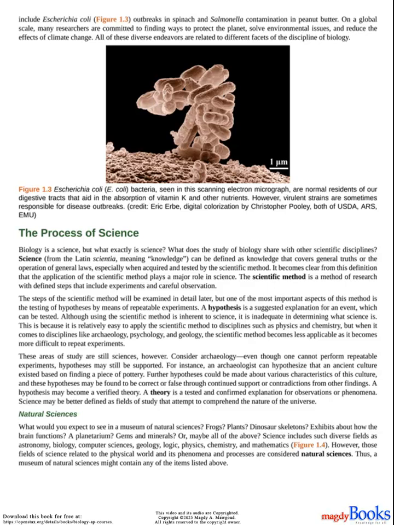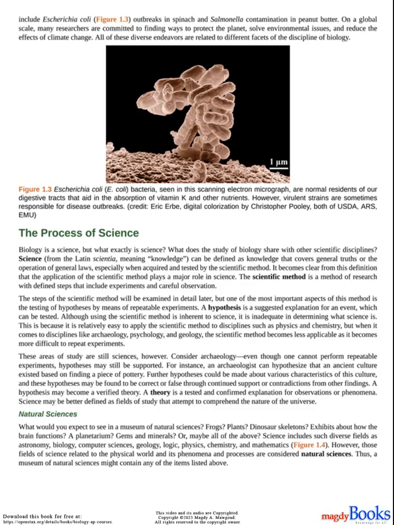A. Natural sciences. What would you expect to see in a museum of natural sciences? Frogs? Plants? Dinosaur skeletons? Exhibits about how the brain functions? A planetarium? Gems and minerals? Or, maybe all of the above?